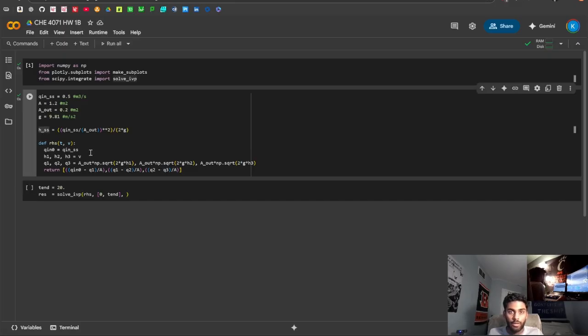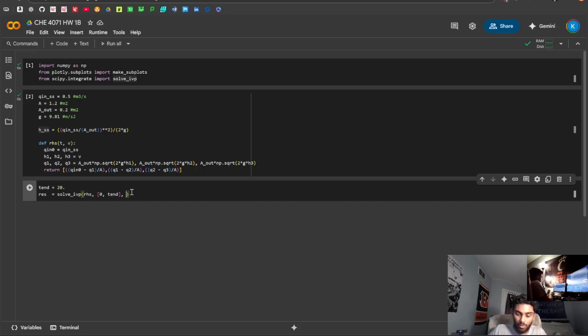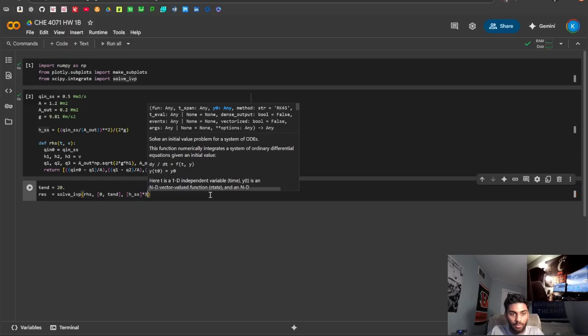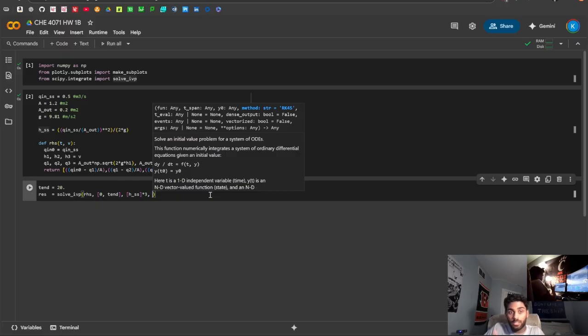This is just one initial height here, but there's a way to get around that, which is we'll take our steady state height, and Python does this neat little thing where you can just multiply it by 3. And this will just give you an array of the same value 3 times. So now we have our function, our time range, and our initial values.